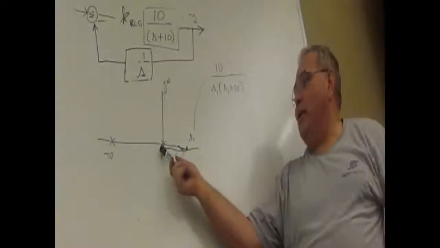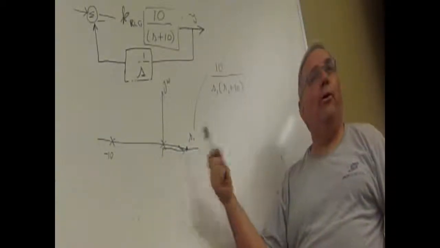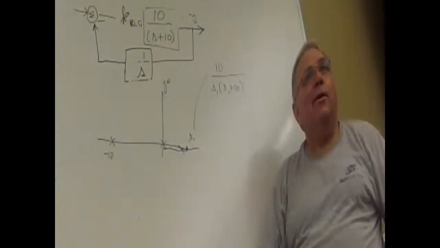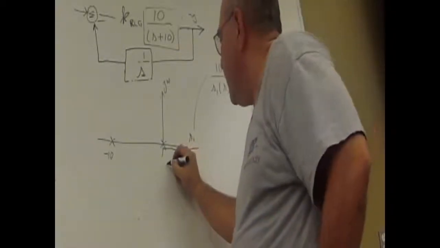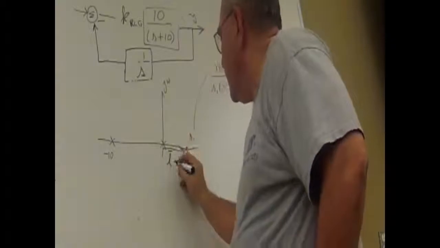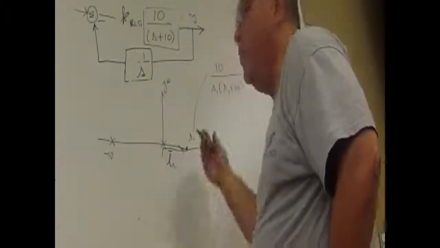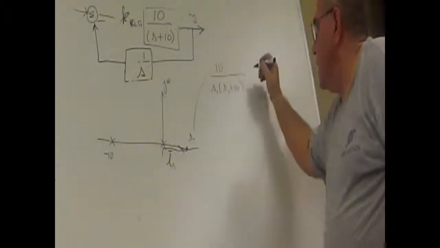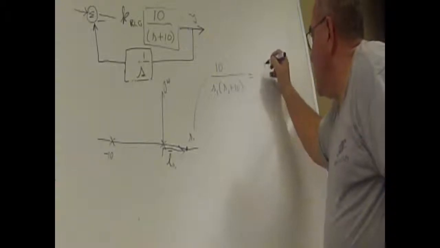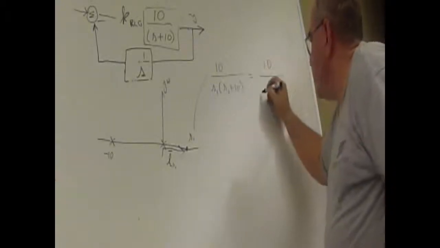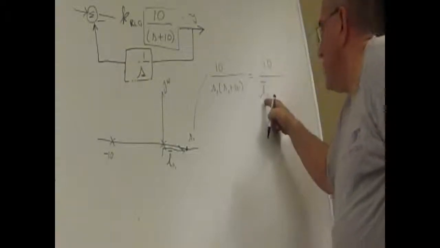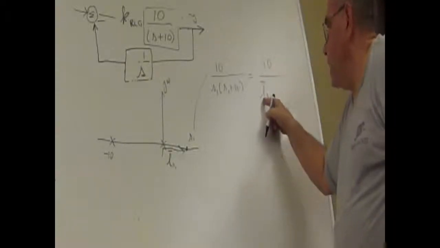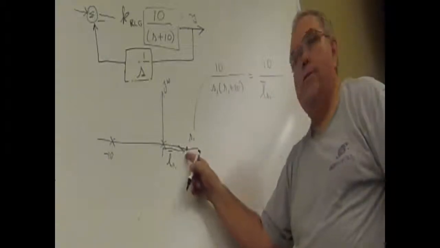The phasor drawn from the origin to the trial point is S1. So if I call this phasor L, and I'll call it LS1 or P1, whichever you want, then you can replace this with 10 over the magnitude of LS1, and that's a phasor. What's the magnitude of that phasor? Whatever my trial point value is. If it's 10, it's 10.